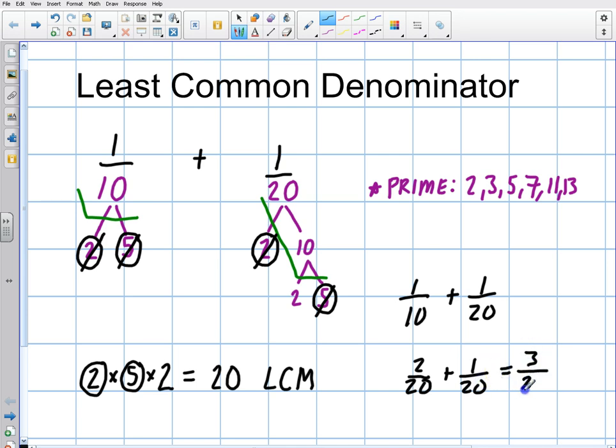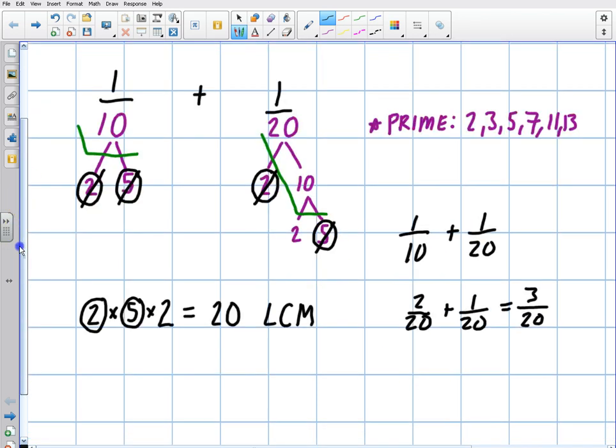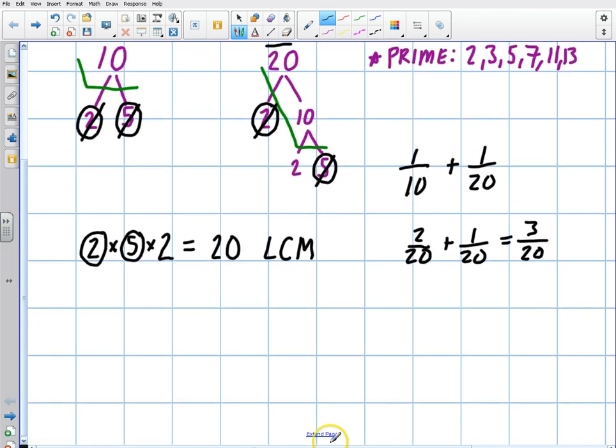Now, just remember, adding and subtracting fractions are much harder than multiplying fractions, right? So that's why we have to find the least common denominator if we were working with fractions. But again, this is interchangeable with the least common multiple. But usually, when we do this, we're talking about fractions. Usually, that's the case.